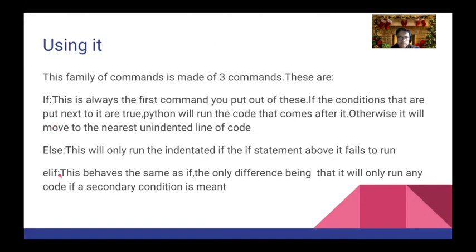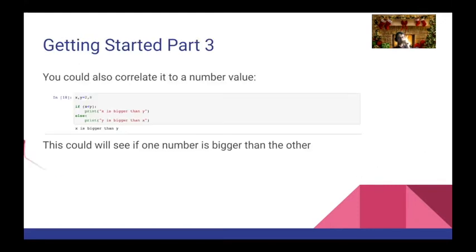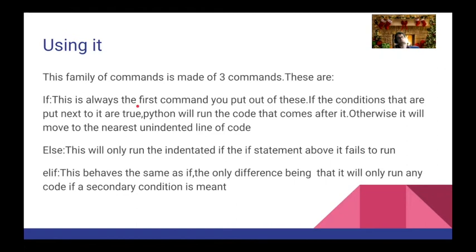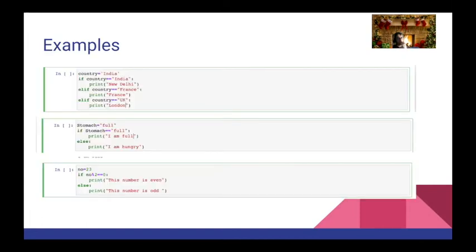Now elif is essentially a combination of if and else. First it will check if the if or elif statement above it failed to run. If it did, then it will look next to it and see if any of the specifications are true. For example, elif country equals India, print New Delhi.